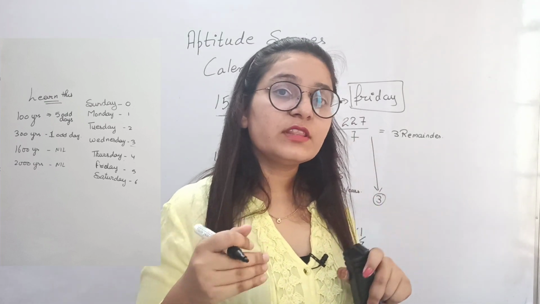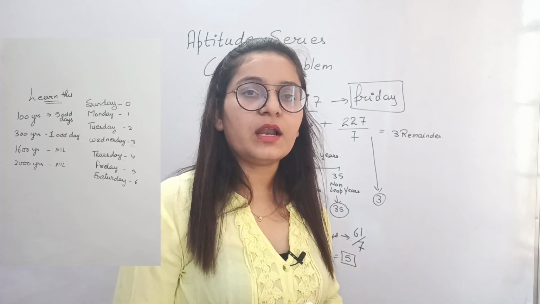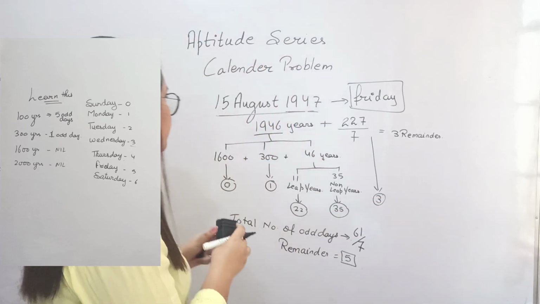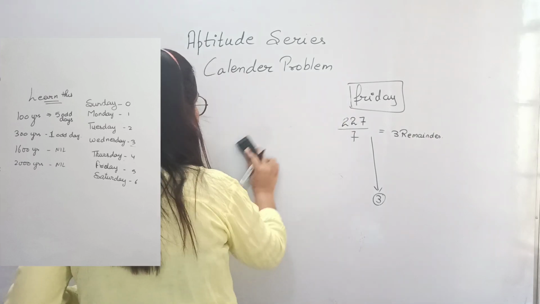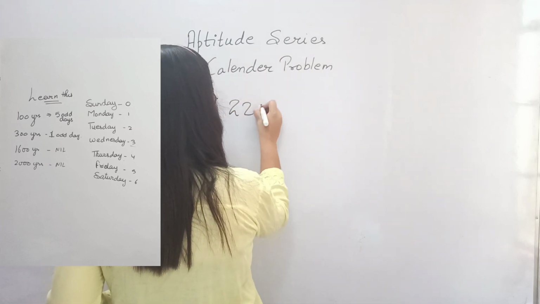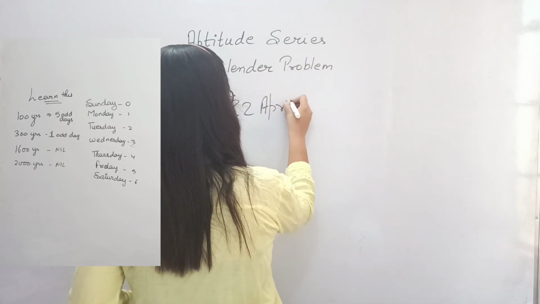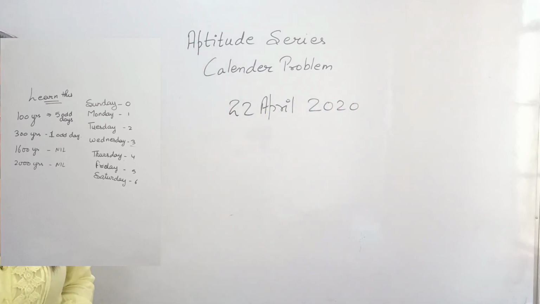Now let's start with a new date, that is today's date, 22nd of April 2020. Clear?